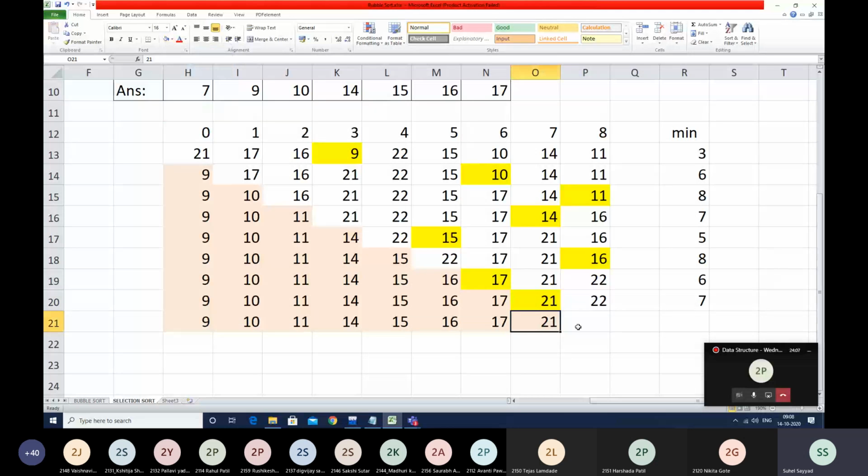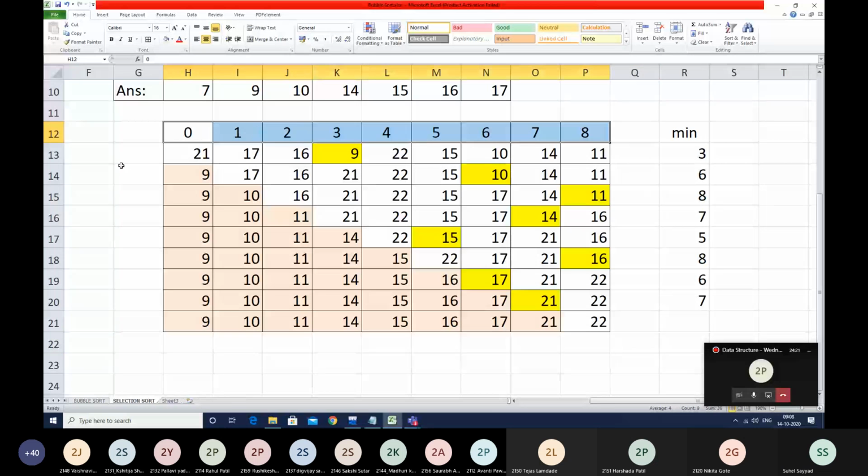I hope all of you have understood this numerical. Anyone is having any doubt in selection sort numerical? All of you have verified these results with your notebook. Roll number 3, Abhishek. Yes, sir. You have got the same type of answer.